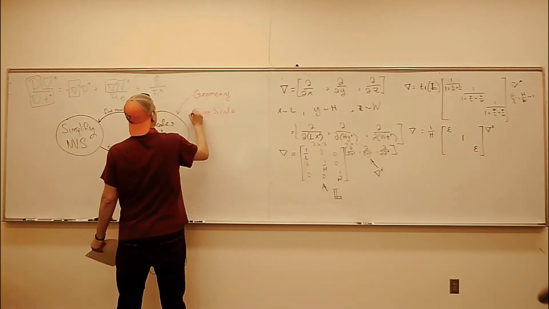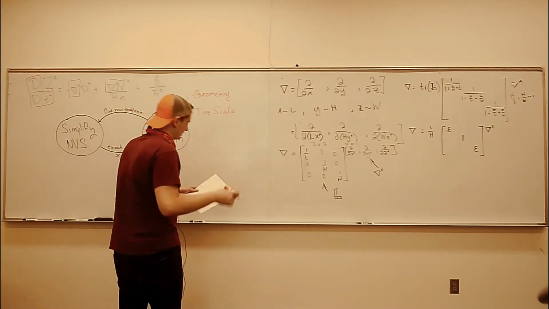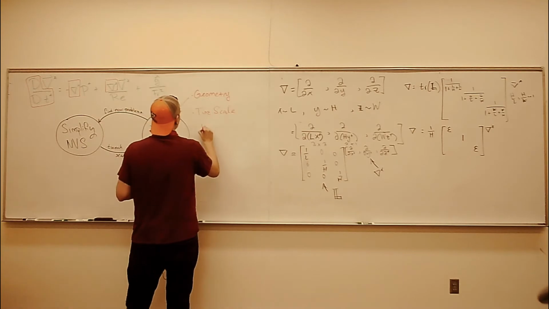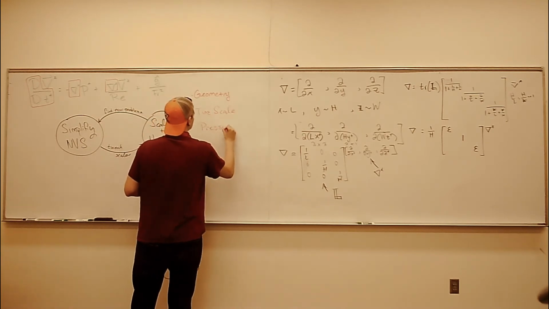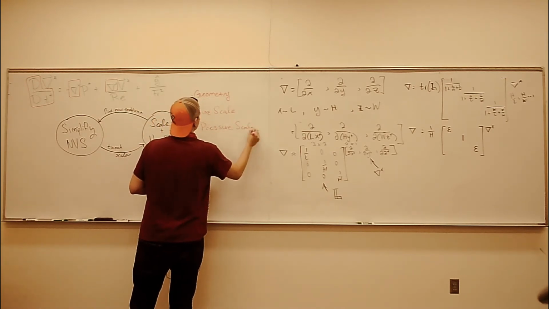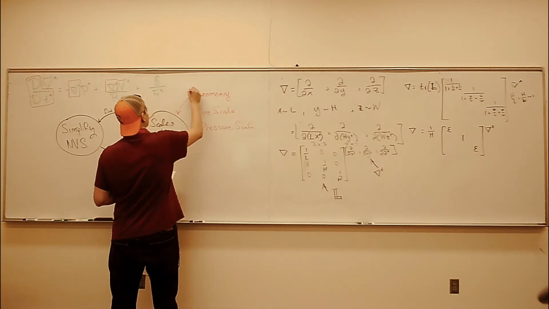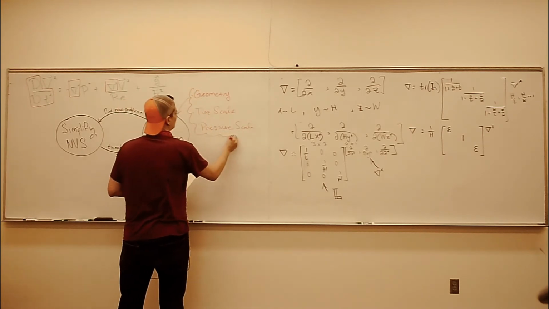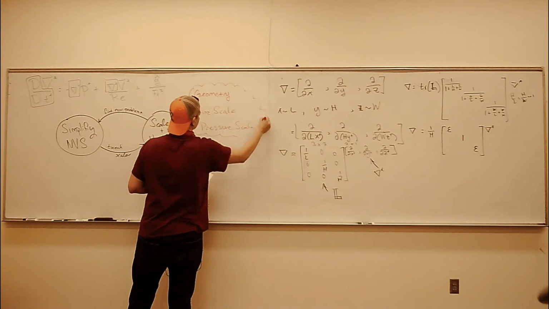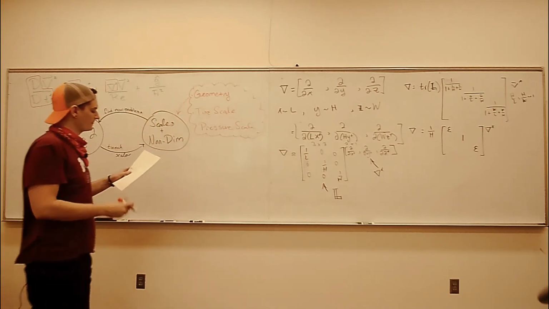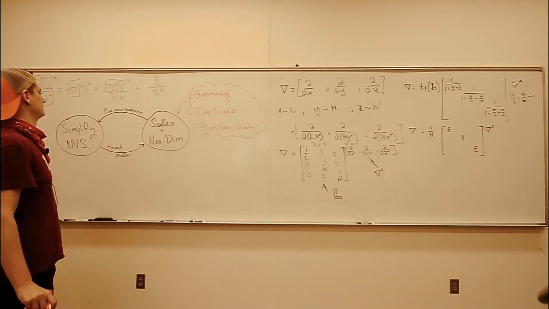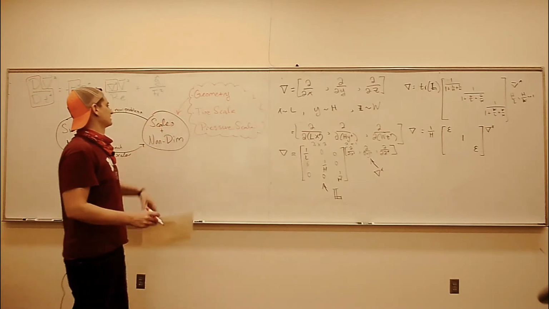You have geometry and you have time, in space-time. And then you also have this pressure scale, I should say for the incompressible Navier Stokes equations. So this is informing scales and non-dimensionalization.